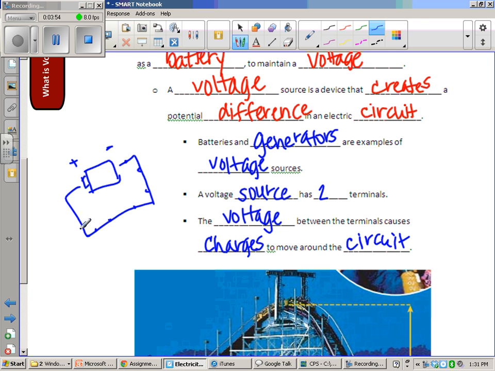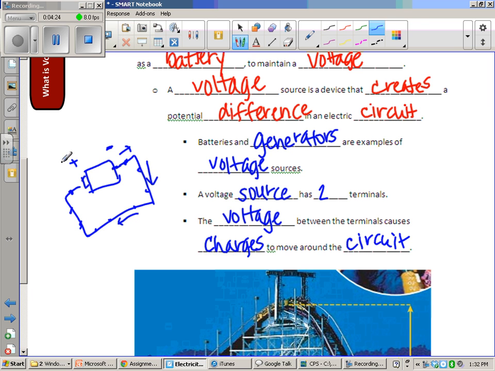And once you add a voltage source, like a battery, and you hook those up to your energy source, then these electrons, which already have a negative charge, want to get away from the negative end of the terminal. Like charges repel each other, so it's going to push your electrons away. And where will your electrons want to go?